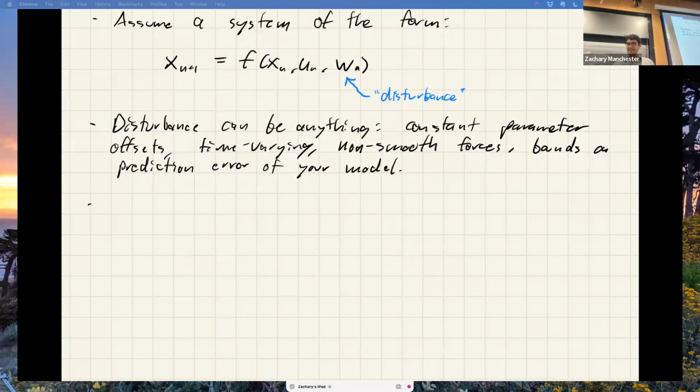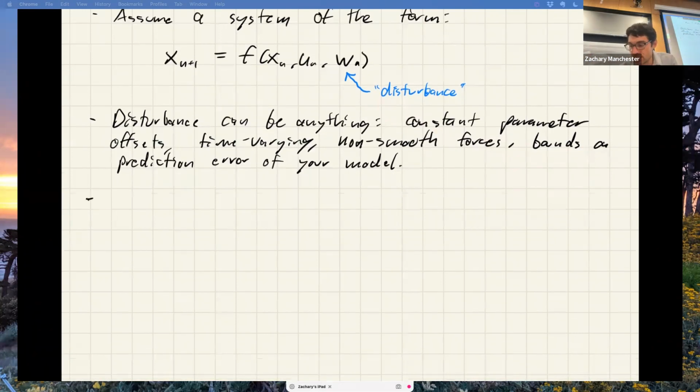And then to actually get anywhere, to make this a tractable problem, because if W can be so arbitrary, if W can be huge, then it's almost like, what's the point in having this model anyway? What good is it? It can't really do anything. So to actually make any progress on this, the typical assumption is that W has a bounded norm, or is drawn from a finite set or something like this.